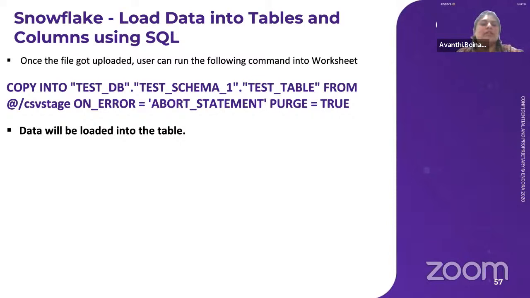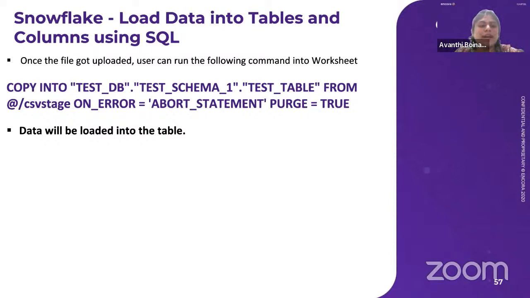This is the command to run in the worksheet: COPY INTO testdb. The data is already loaded from the file to the Snowflake stage, so now we need to copy the data from the Snowflake stage container to our Snowflake DB.